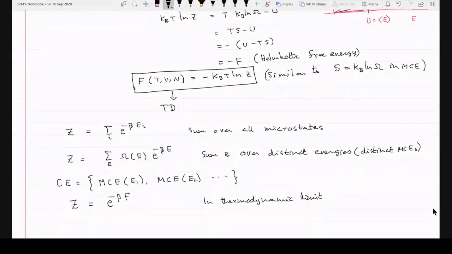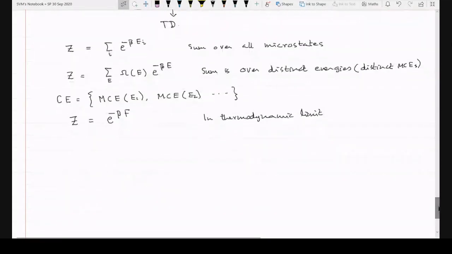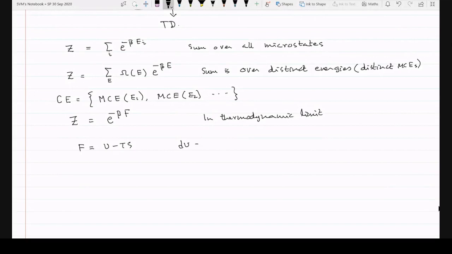Okay. So some of you may recall from your thermodynamics course that since this F can be written as U minus Ts, and dU is written as Tds minus pdV plus mu dN, you can write down dF as dU minus Tds minus sdT.